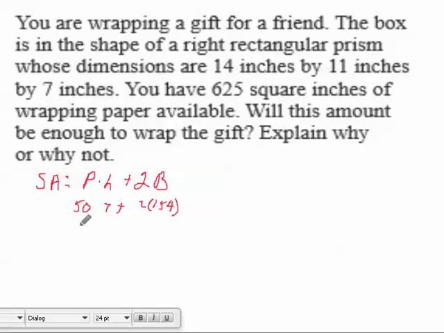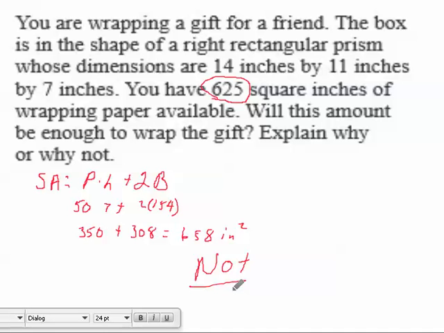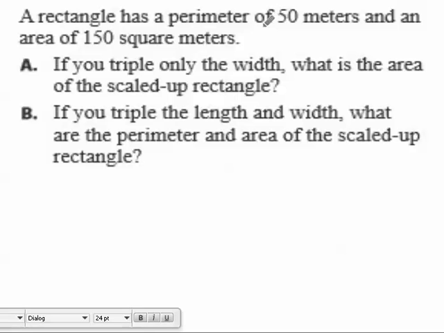So we just add these up. 7 times 50 is 350 plus 308 is equal to 658 inches squared. Now we only have 625 inches of wrapping paper. Are we going to have enough? Absolutely not. We do not have enough wrapping paper. It's one of the ways that you can use that information.